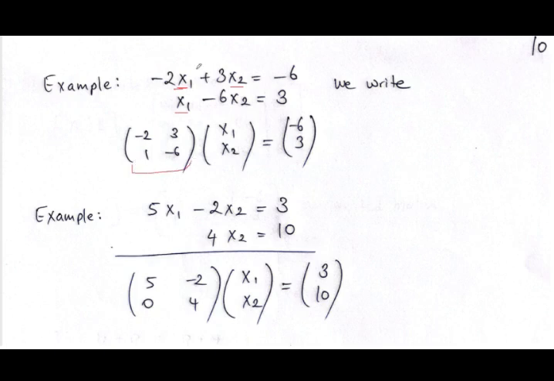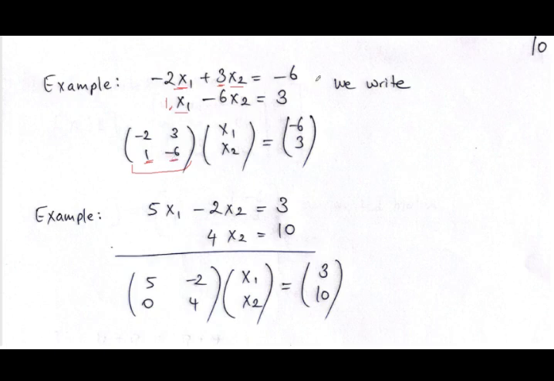The coefficient of x1 in the first equation is minus 2, and the coefficient of x2 is 3. Then you move on to the second equation. The coefficient of x1 is just 1, and then we have minus 6 for x2.